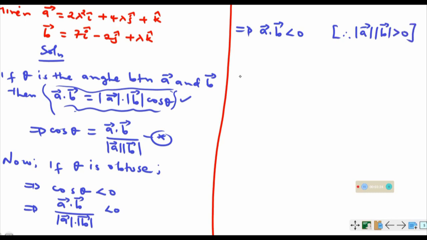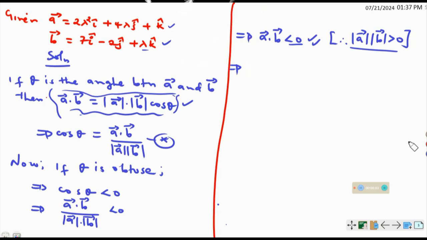So we shall use the condition that theta is obtuse provided that A dot B is less than 0, for which magnitude of A times magnitude of B is greater than 0. If this is true, then we shall be able to obtain the values of lambda for which the angle between the two vectors is obtuse.